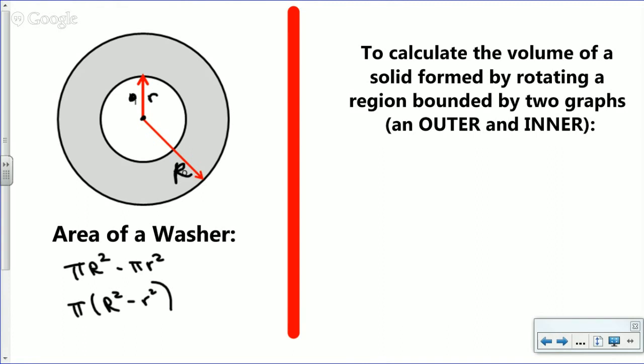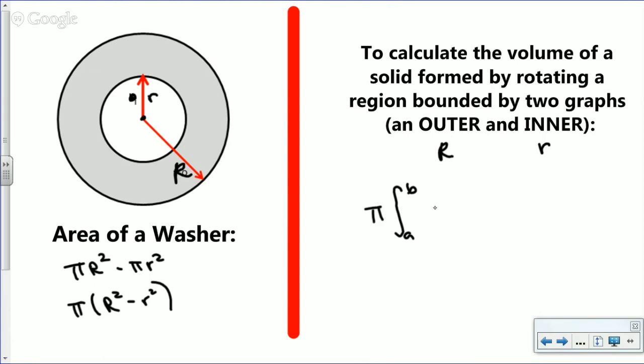So if I want to calculate the volume of a solid formed by rotating a region bounded by two graphs, and we'll say it has an outer radius of capital R and an inner radius of little r, then I'm going to follow a very similar formula. I want to sum up a whole bunch of washers. So from a to b, I'm going to put that factor of pi out in the front.